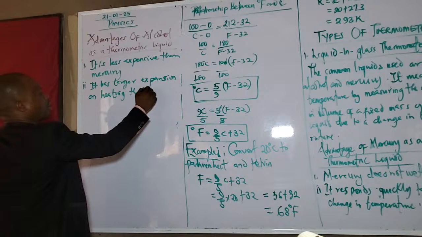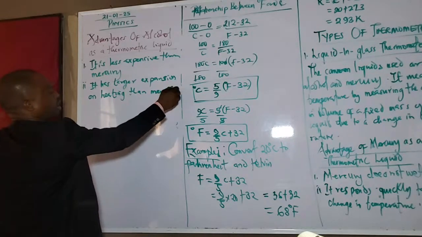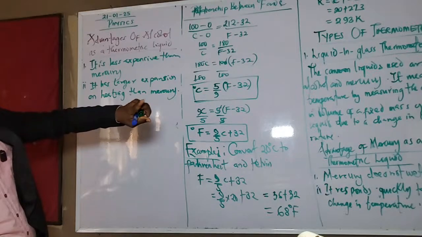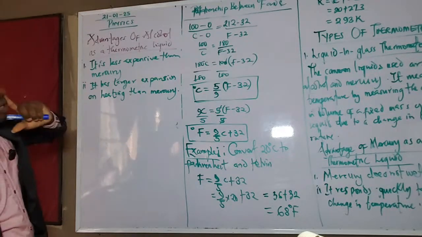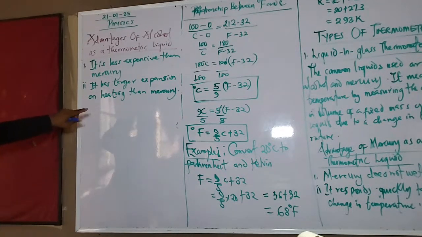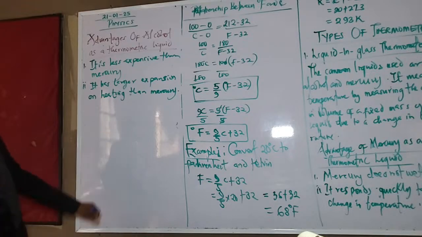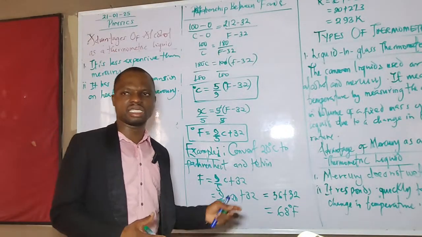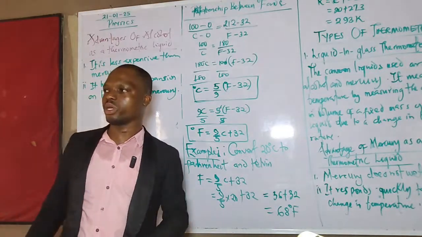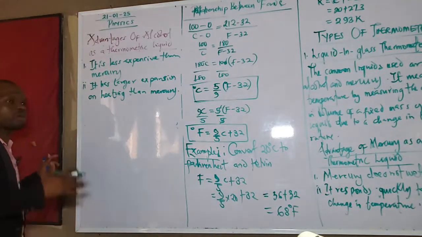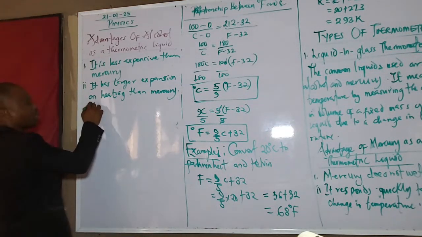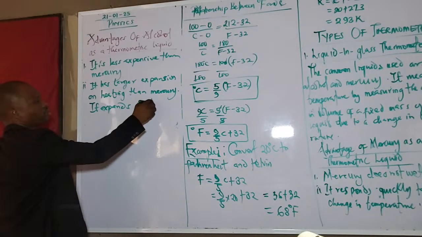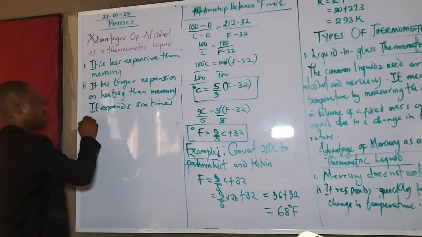Remember, I told you earlier that mercury has regular expansion, but alcohol has a larger expansion rate than mercury. And the rate is, it expands 6 times that of mercury.